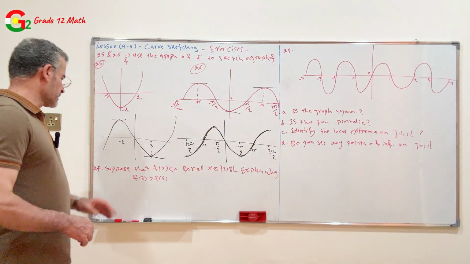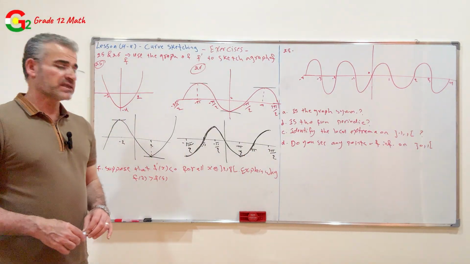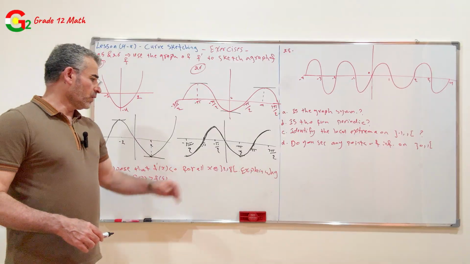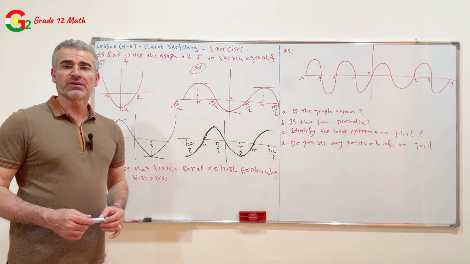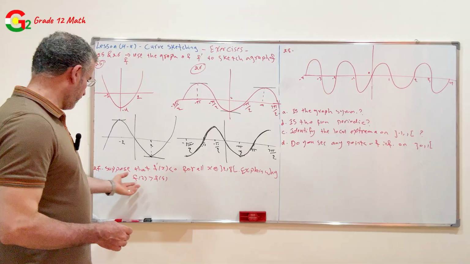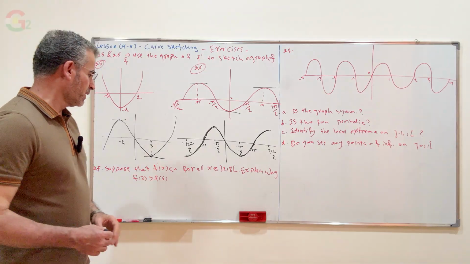Question number 27. Suppose that f prime of x is less than 0 for all x on the open interval 2 to 8. Explain why f of 3 is greater than f of 5.